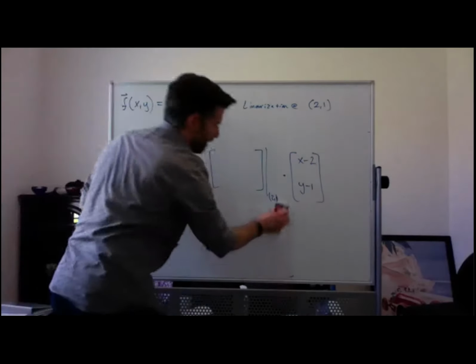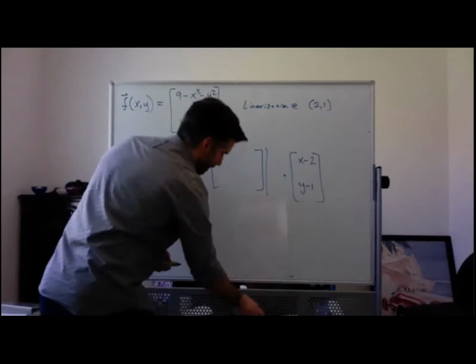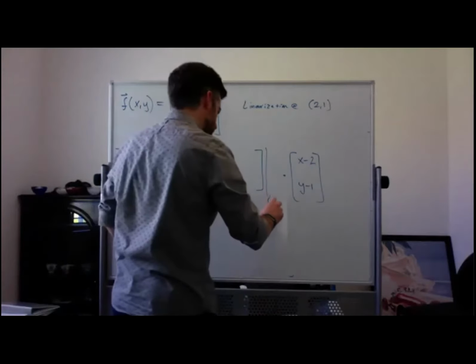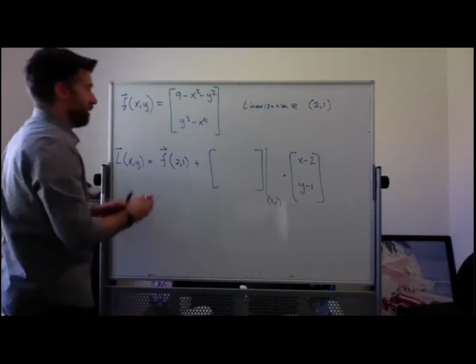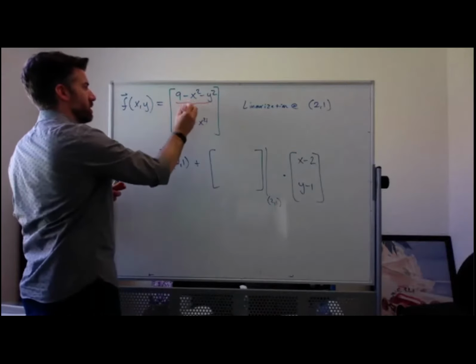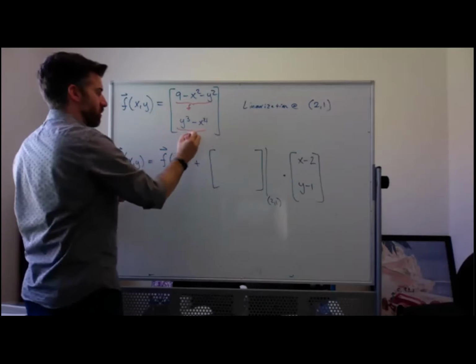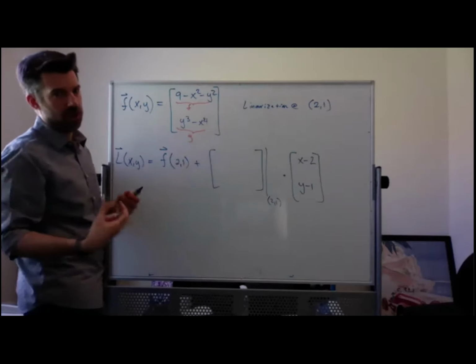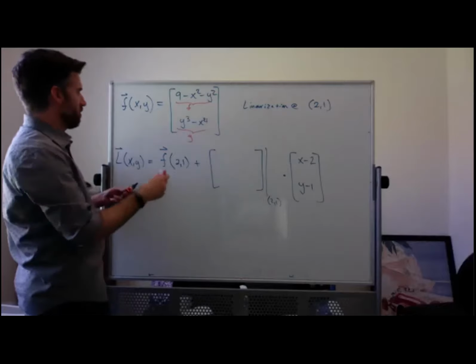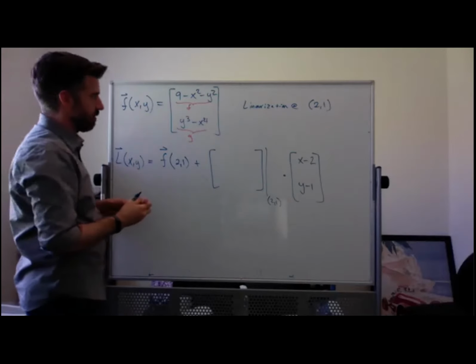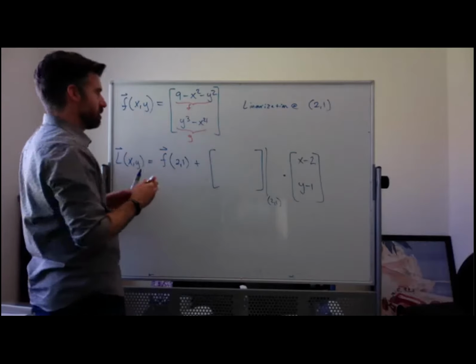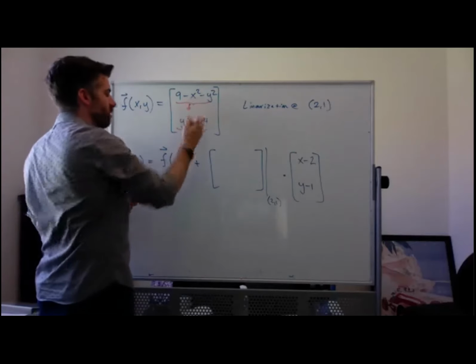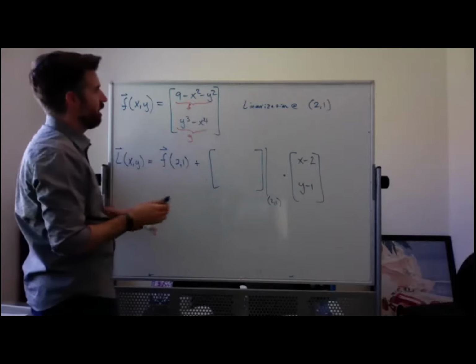Even though I used F1 and F2 last time, it's probably a little more standard to use F and G. So I'm going to call them F and G, sorry.